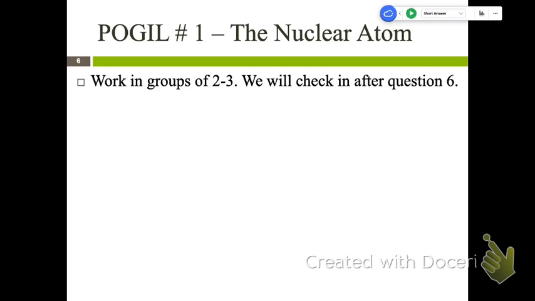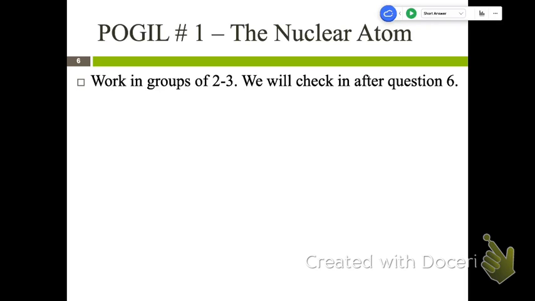So what I want us to do now is we're going to start this activity. POGL, by the way, stands for process-oriented. That's the PO. We're focused on the process, not the answer. It's process-oriented, guided by your team, inquiry learning. So go ahead and start this activity.